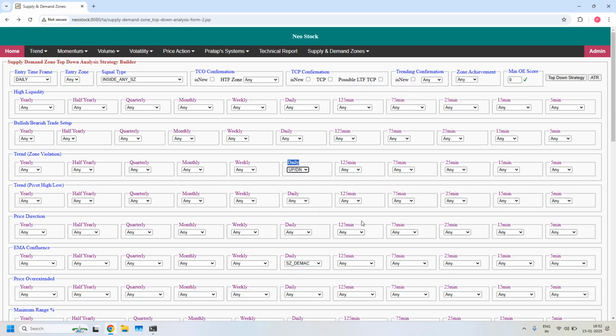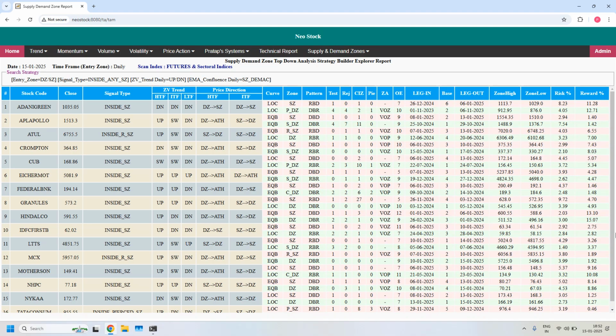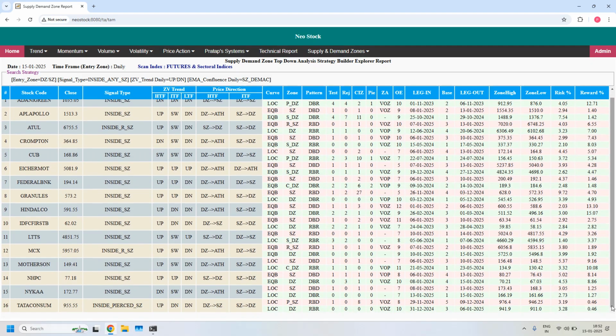It can be up or down. Now the list has come down to 16 stocks. Now you are seeing the first 15 stocks. I am scrolling the list down. So total 16 stocks. So this is about the daily time frame.